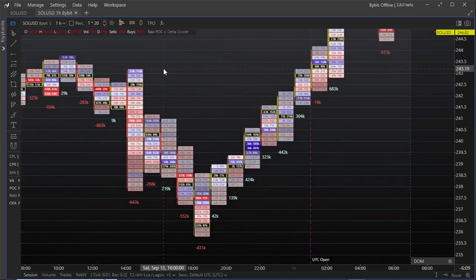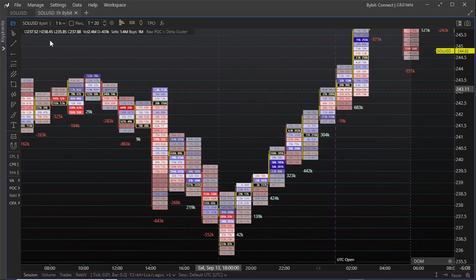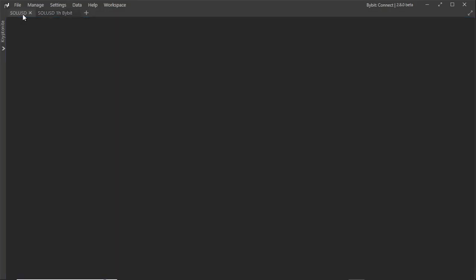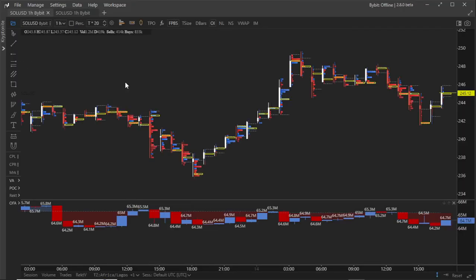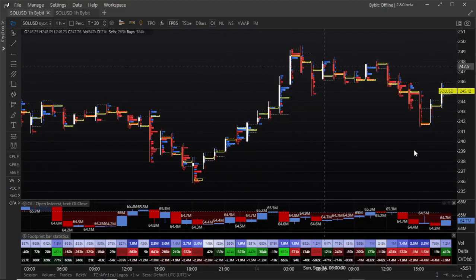But I prefer the other chart I used in the first video. I'm still in between, still looking for what works best, because this one has both the open interest and my footprint bars.